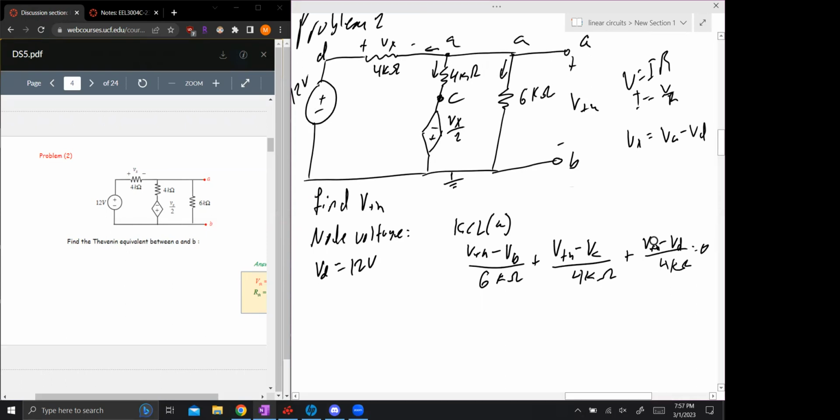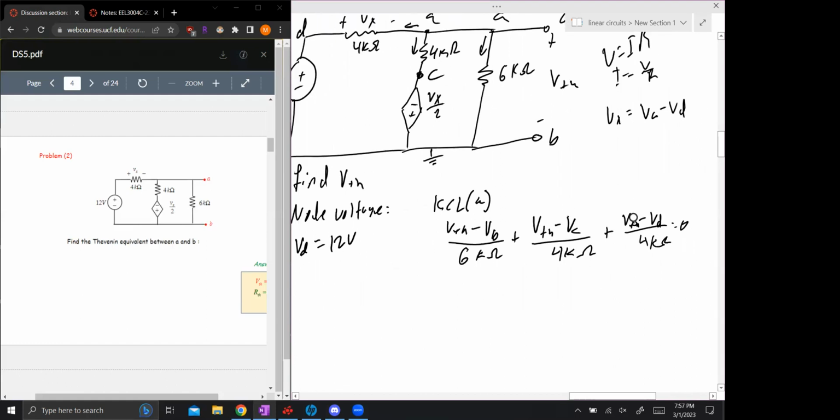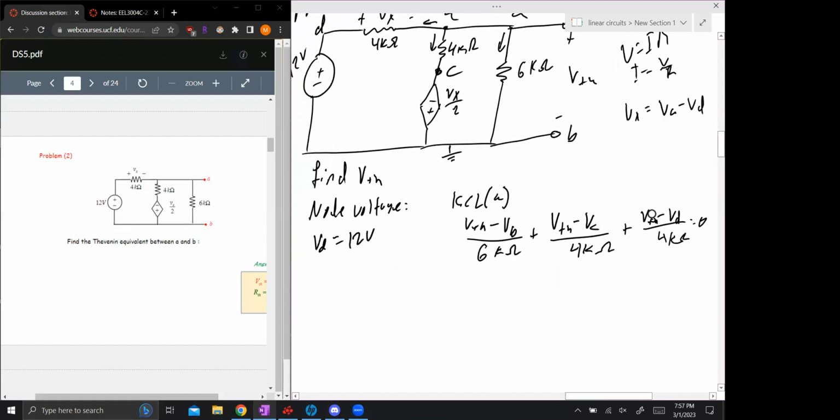So there's a few things we can do in here to make our lives a little bit easier. For example, we know that node D is 12. And as our sneak peek showed, we don't know what our voltage at C is yet.